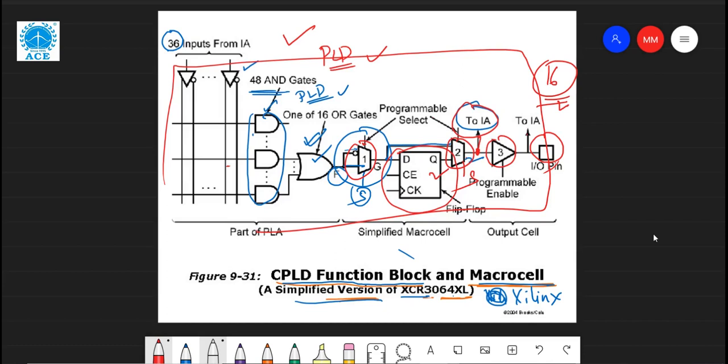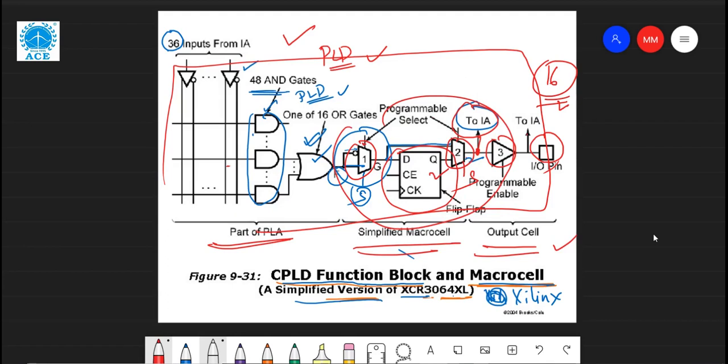So here this is a part of the PLA, and this is a simplified macro cell. This is the functionality, and this is the output to the function blocks. This is the basic operation of the macro cell.